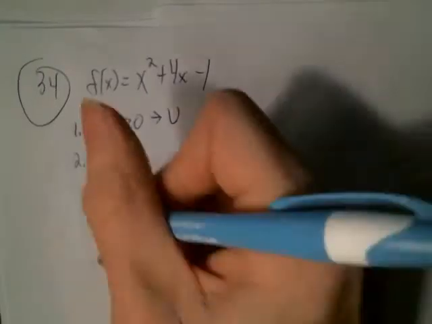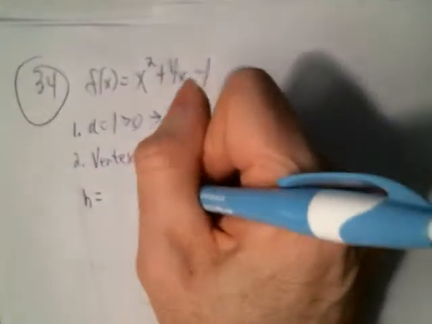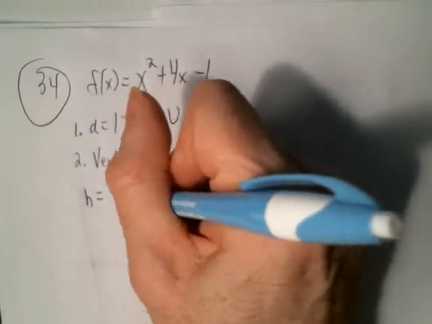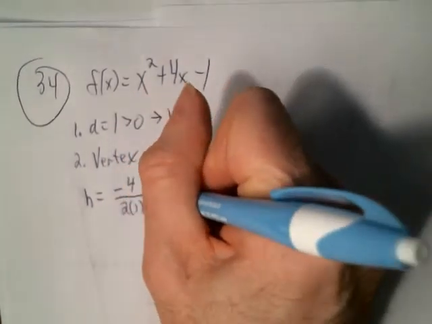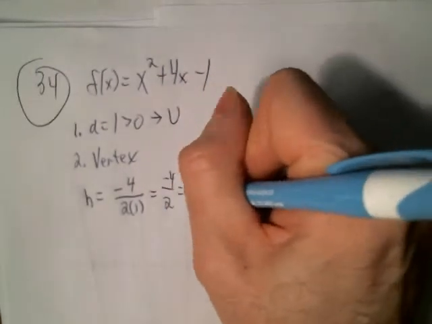Get the vertex. So the vertex, the x-coordinate, h, is -b, so -4 all over 2 times a. So -4 over 2 is -2.